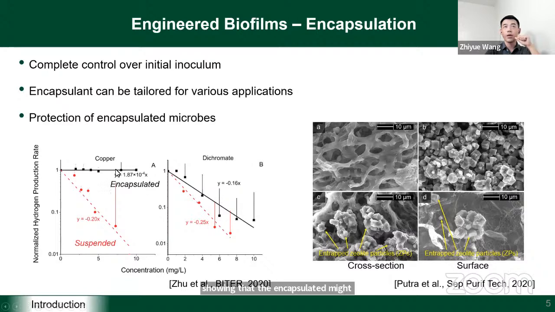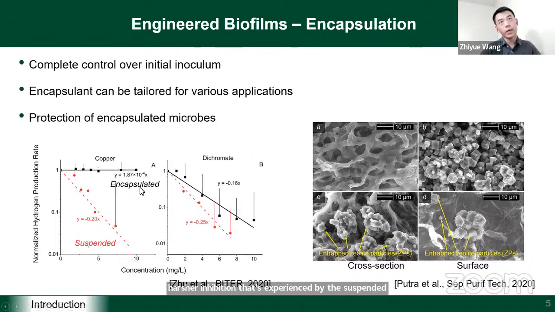microbes were not actually affected by their dosage of copper and dichromate. These are the known inhibitors for hydrogen-producing microorganisms. And with encapsulation, we're seeing a much harsher inhibition that's experienced by the suspended culture, shown in red.